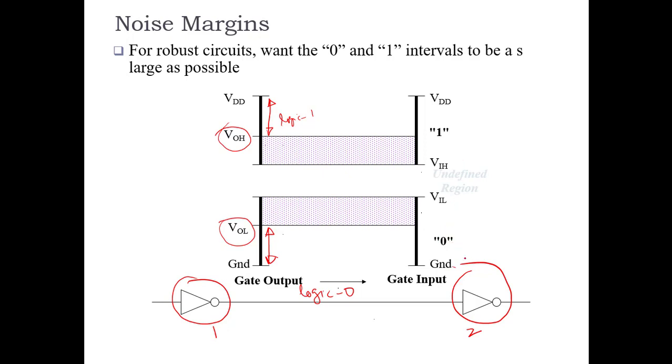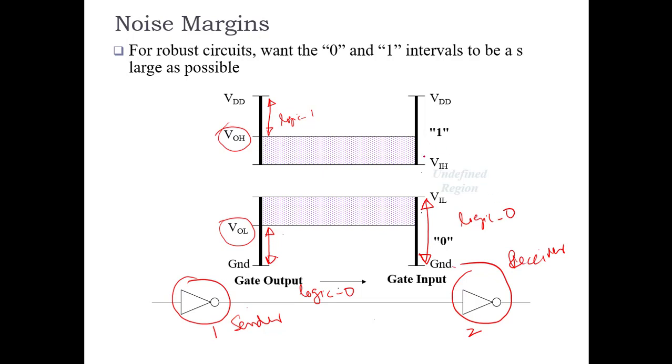So this is our sender and this is our receiver. On the receiver side, if the receiver receives any voltage between 0 and VIL, it will say it is logic 0.